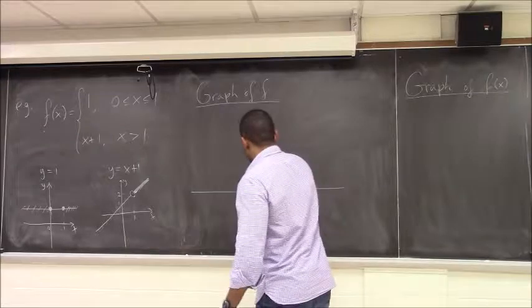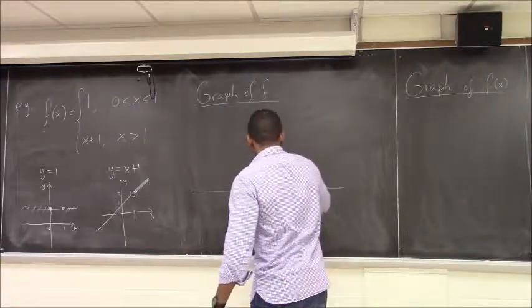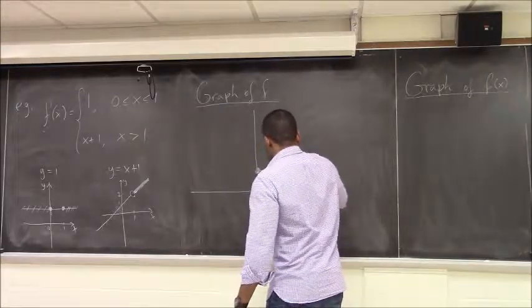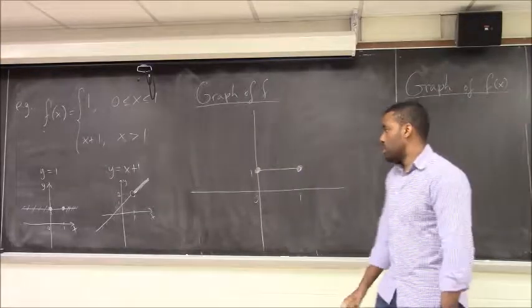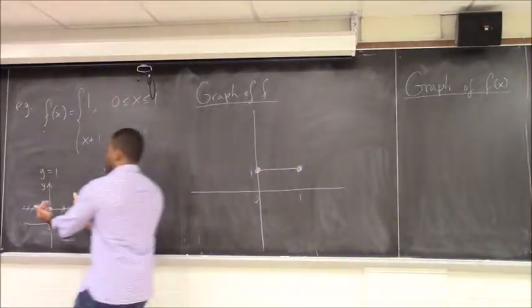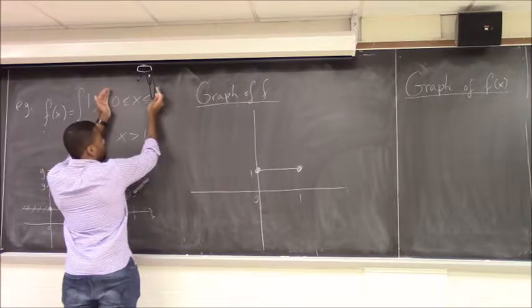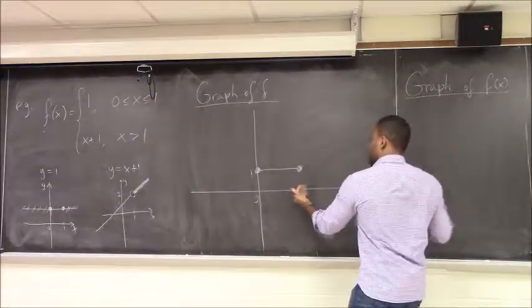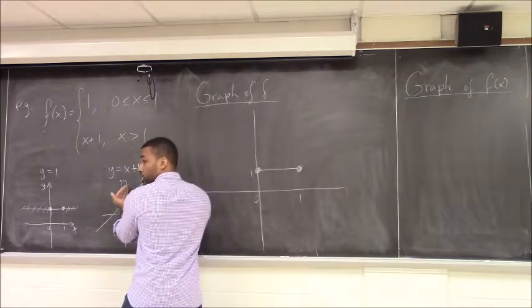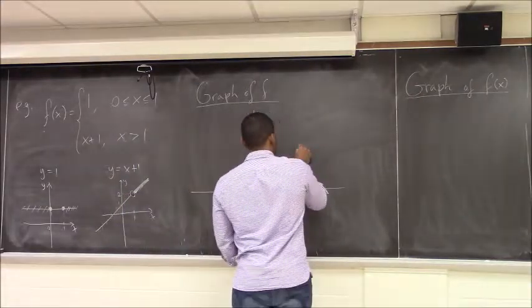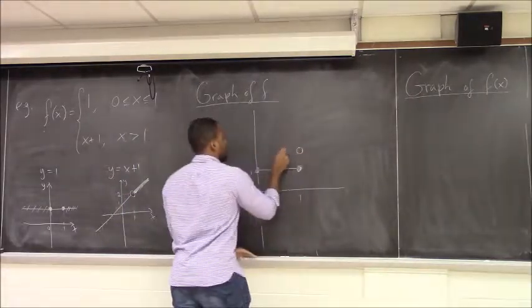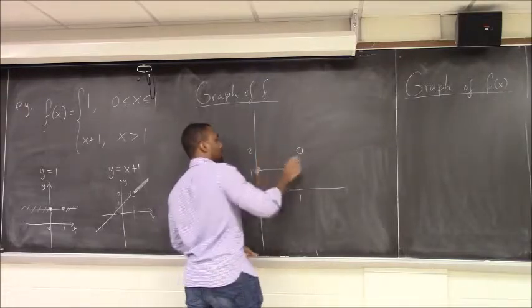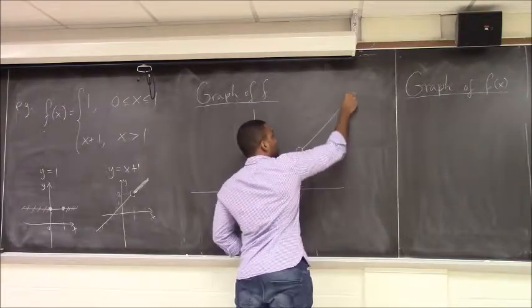In one case, there's a horizontal line between 0 and 1 at the level 1. So I only draw this part of the function because it's defined for only that part. Then for 1 and bigger, I will draw this picture. So there's a jump here that starts at 2 and goes there.